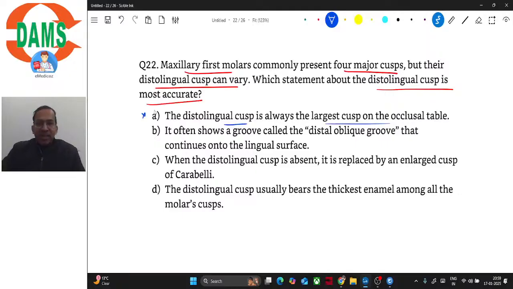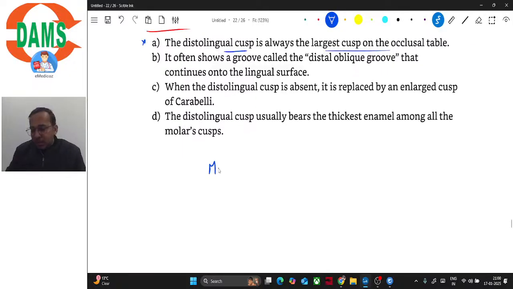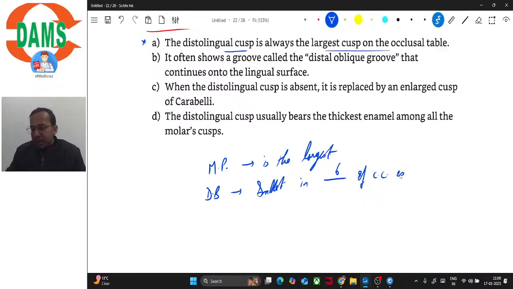Why? Because which is the largest cusp? The mesiopalatal or the mesiolingual cusp is the largest, isn't it? And the distobuccal is smallest in the maxillary first molar if the cusp of Carabelli is absent.